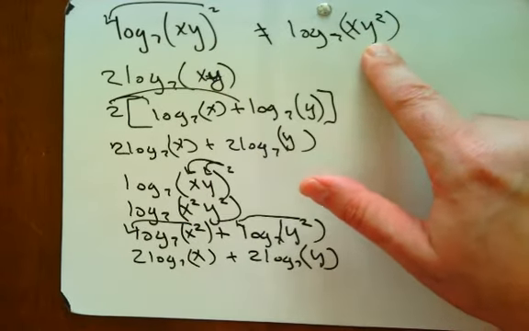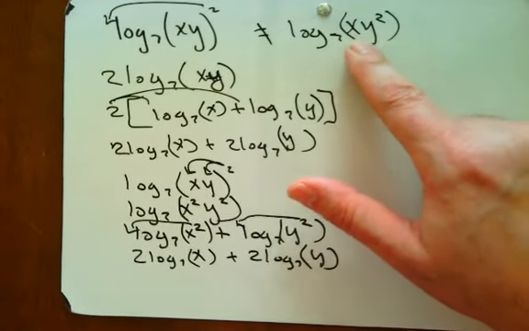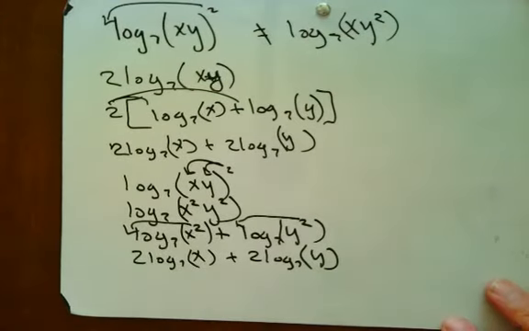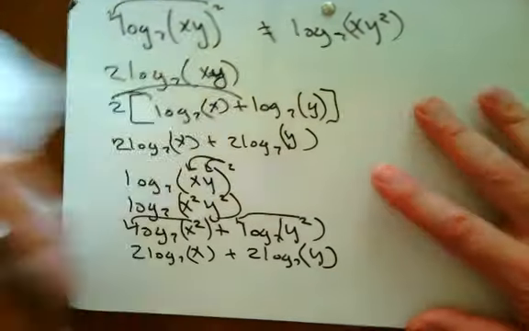So these are the same problem. I can approach them two different ways, or two different ways of using the power rule. But don't confuse this problem with this one.